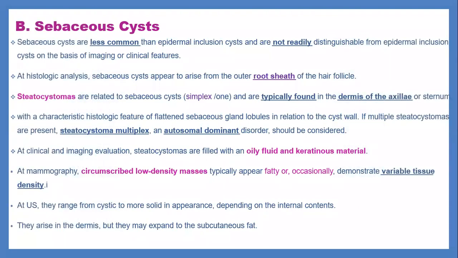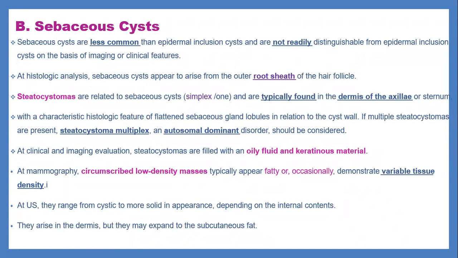The other differential diagnosis of the dermal cyst is the sebaceous cyst. However, it is not as common as the epidermal inclusion cyst. It is less common and not readily distinguished from epidermal inclusion cyst based on imaging or clinical features, only pathologically.